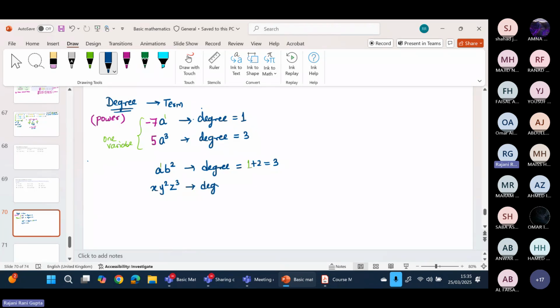So what will be the degree? 6. Correct. Those who are not answering, I believe it is clear to you. So you are adding the powers, that gives you 6. Okay. So here, 2 or more variables.